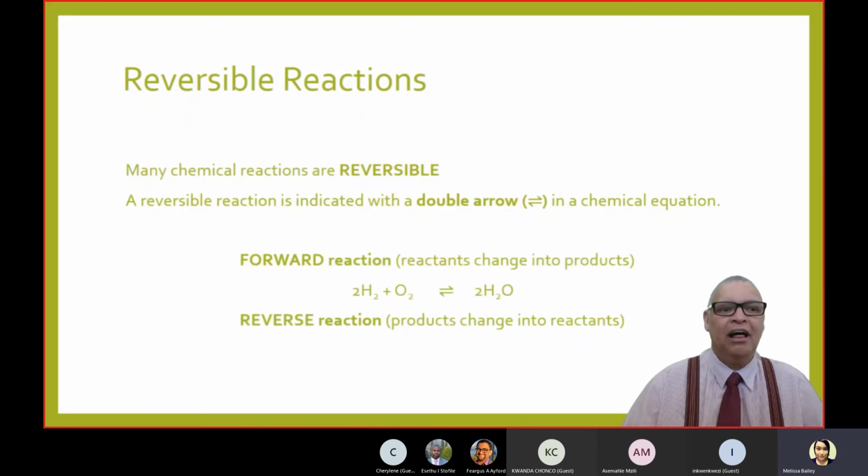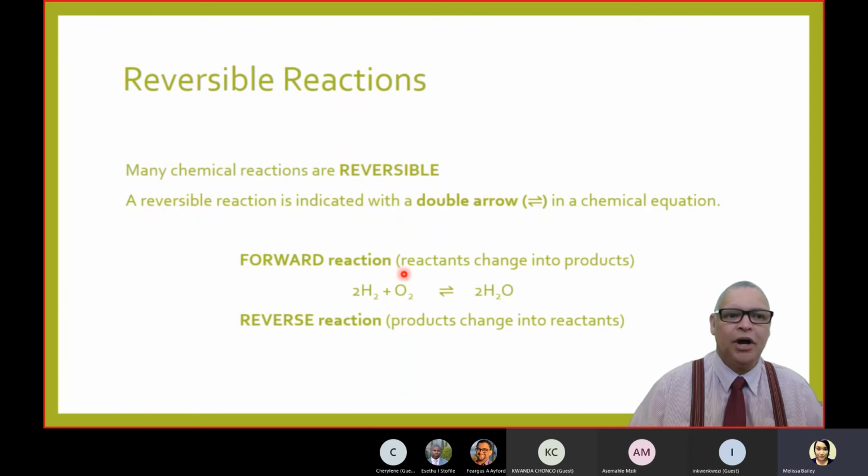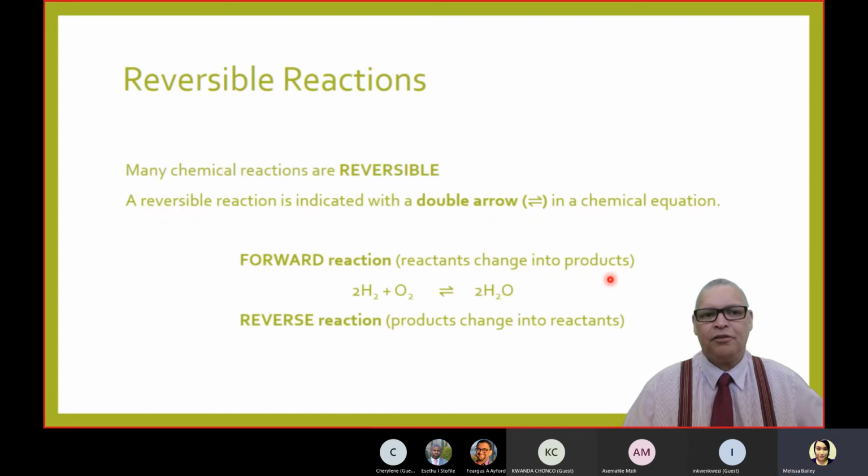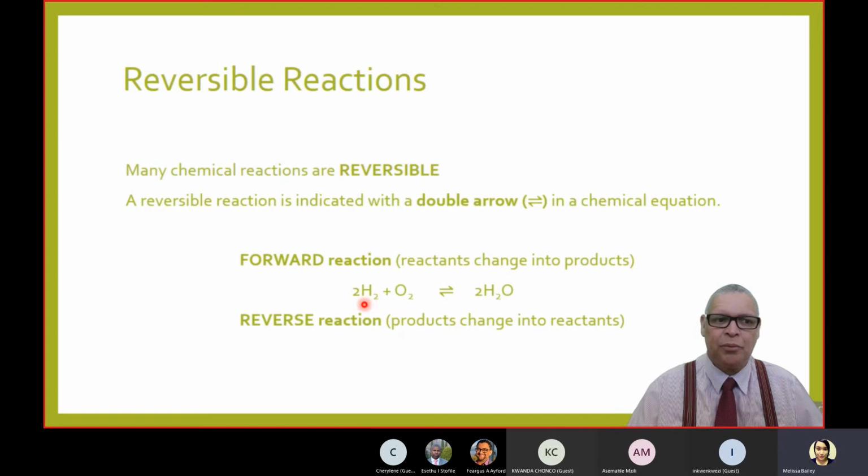Moving on, the forward reaction, as you can see from the monitor, is one in which the reactants change into products. Now, from grade 10 and into grade 11, your teacher obviously told you that what is on the left-hand side of your chemical equation represents your reactants.